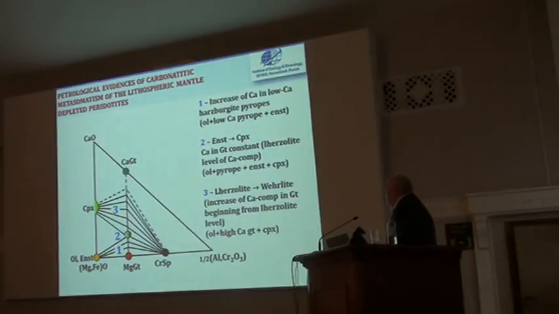Okay, now to diamonds. Back to peridotites. Depleted, extremely depleted peridotites, in all cases chromium-rich magnesium garnet, and enstatite. The introduction of carbonatitic melt first produced an increase of calcium in garnet, up to here.